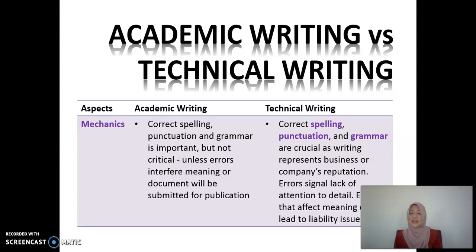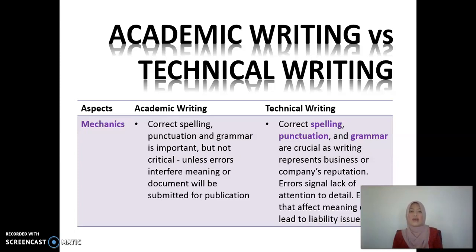And finally, in regards to the mechanics of language, if it's academic writing, correct spelling, punctuation, and grammar are important, but not that critical, unless errors interfere with or change meaning, or the document needs to be submitted for publication.